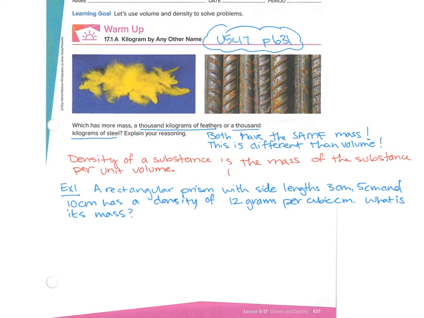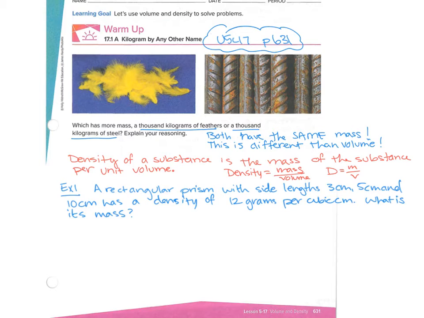We write density equals mass divided by volume, or in our work you'll see me write D equals M divided by V. So let's look at this example I asked you to write in your book.